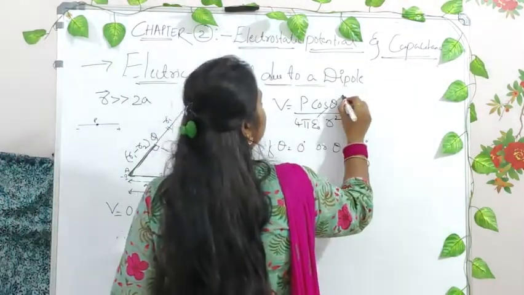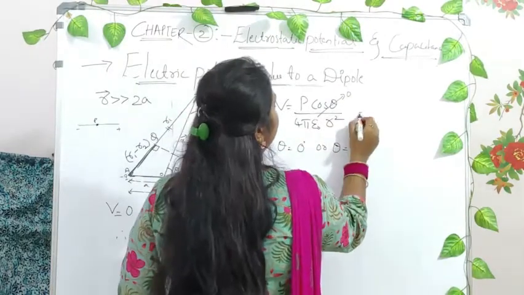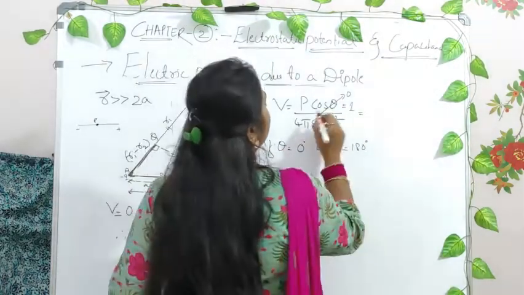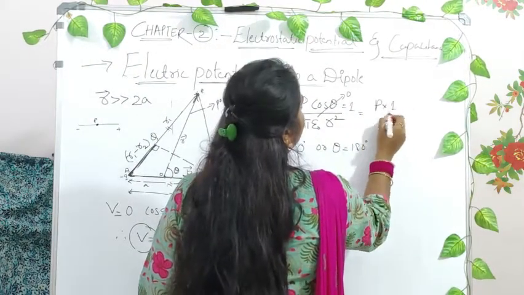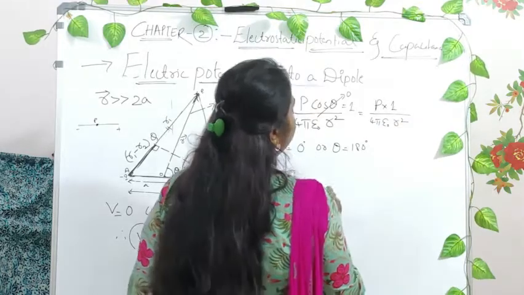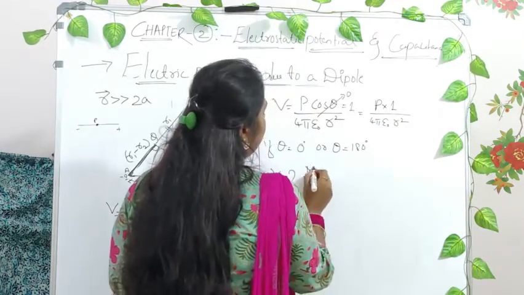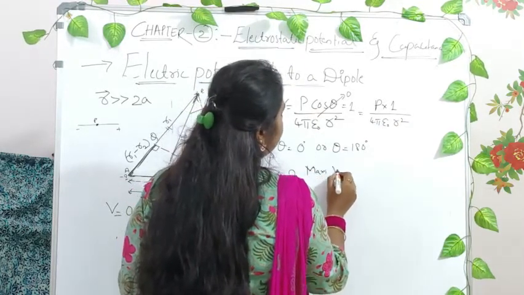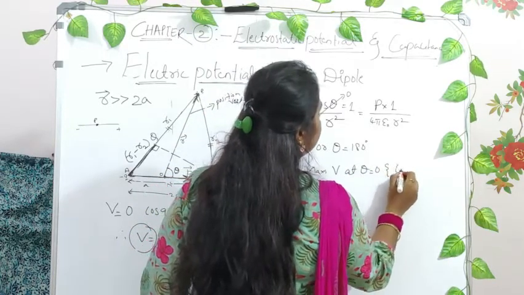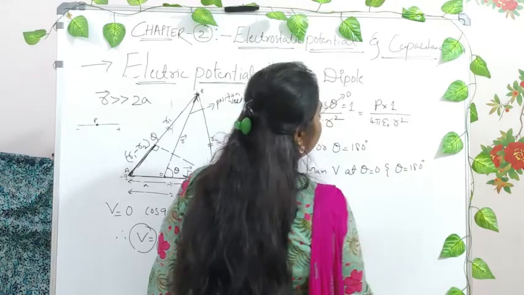Then cos theta is what value? It is 1. So P into 1 divided by 4 pi epsilon naught r square. You get maximum potential at theta equal to 0 and theta equal to 180 degrees.